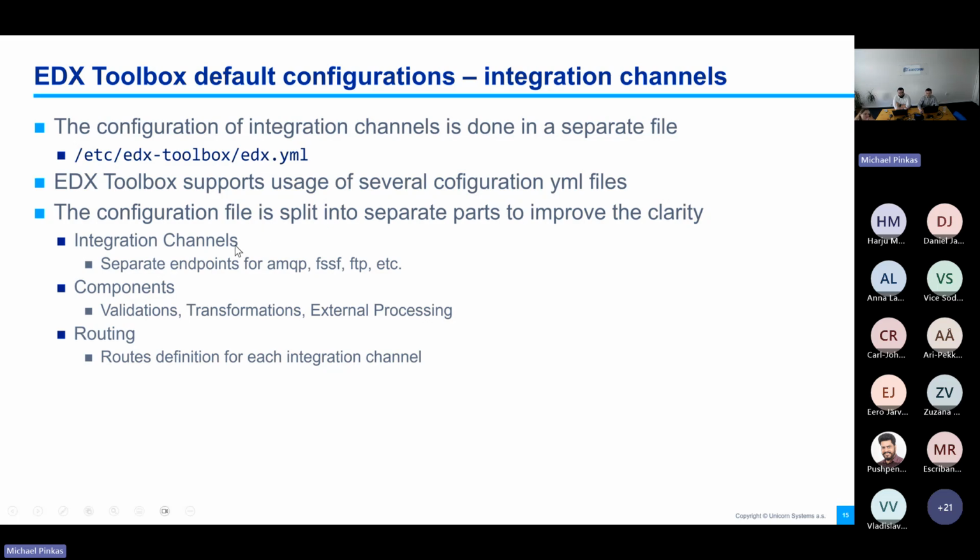First being the integration channels, that is the endpoints, to specify for the FSSF file system the folders, for the MQP to specify the queues, and then the routing, which tells us how the channels, the endpoints, will be used in the routing itself.